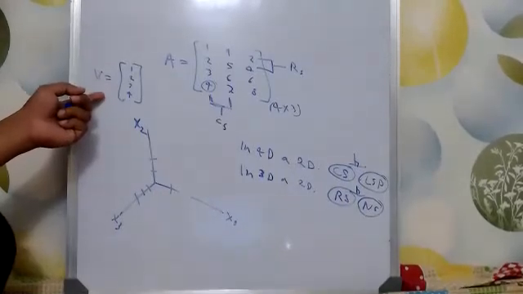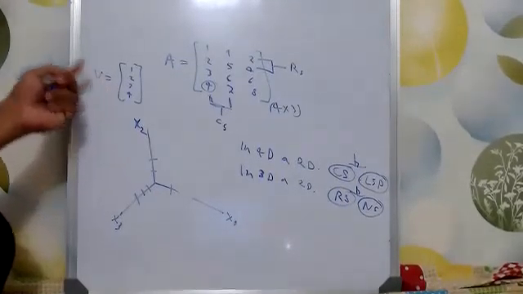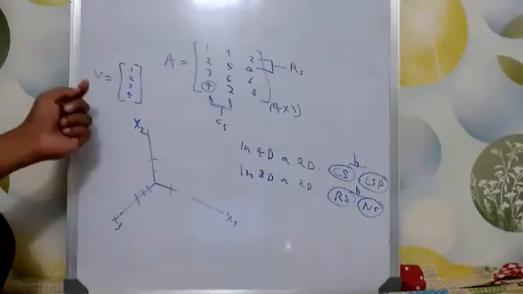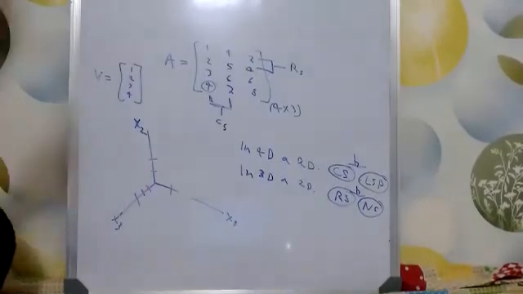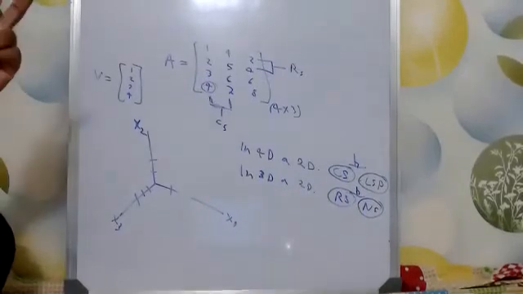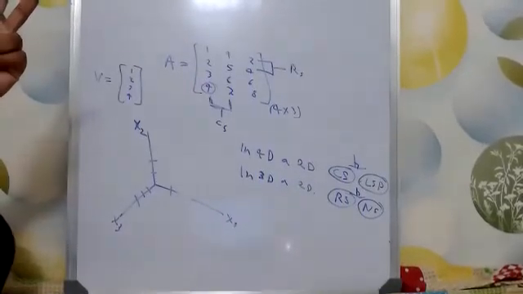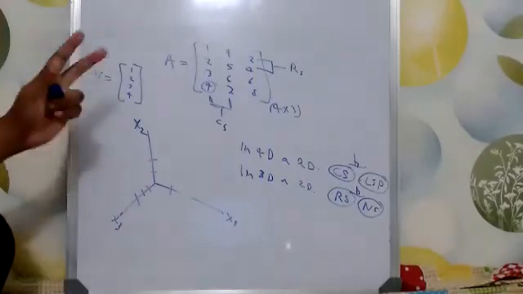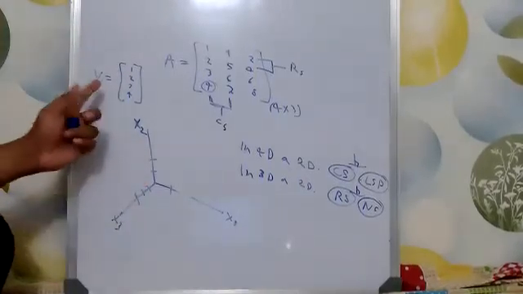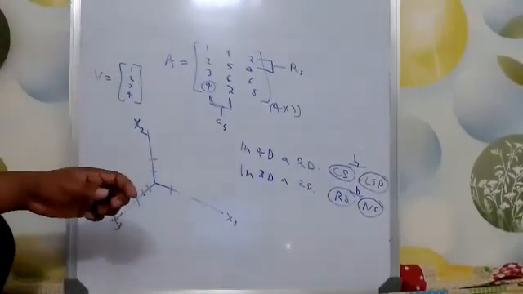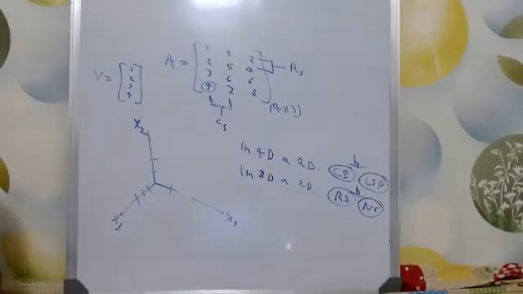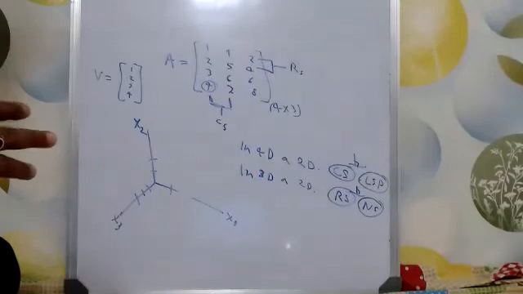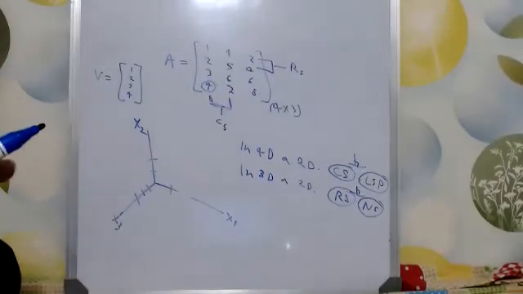Right, so that is why I need a 4D to express this vector. But how many such vectors do I have? 2. So I need a 4-dimensional space to show my vectors. True. But in that 4-dimensional space, I have only 2 independent vectors. So the combination of them will give me a plane.